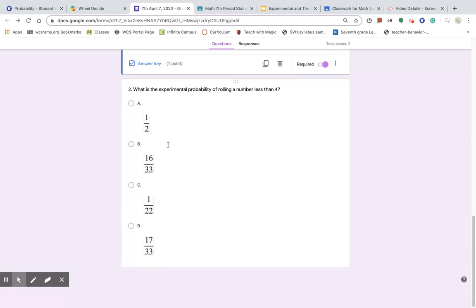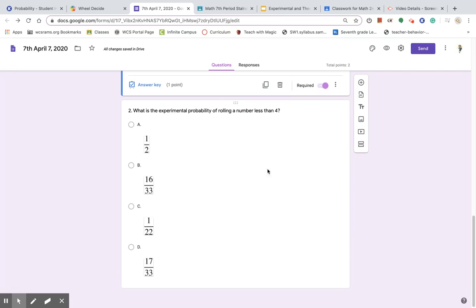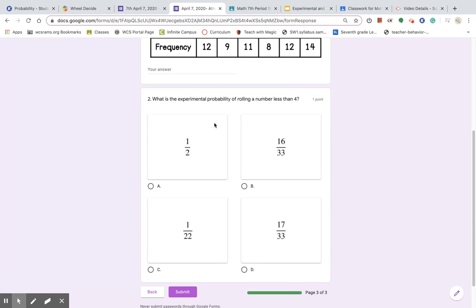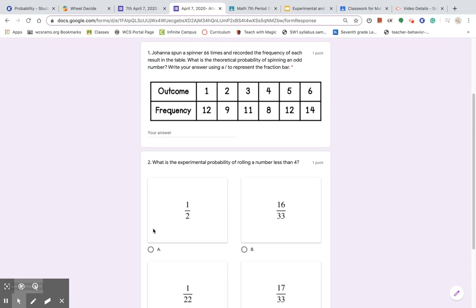All right, now for this problem, it's asking, what is the experimental probability of rolling a number less than 4? Okay, so it's saying less than 4, so we're not going to include 4.